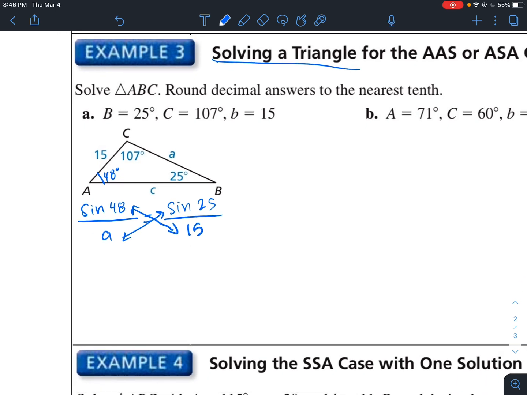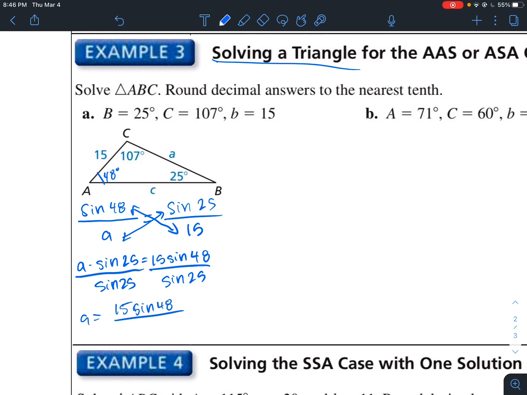So cross multiplication means that A times sine of 25 is equal to 15 sine of 48. So now to solve for A, I just have to divide by sine of 25. So I know A is equal to 15 sine of 48 divided by sine of 25.